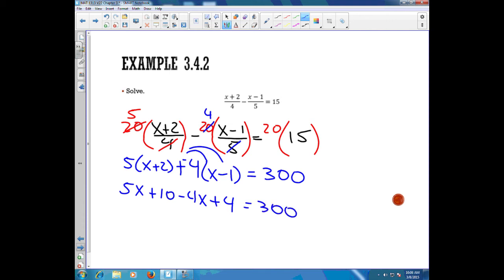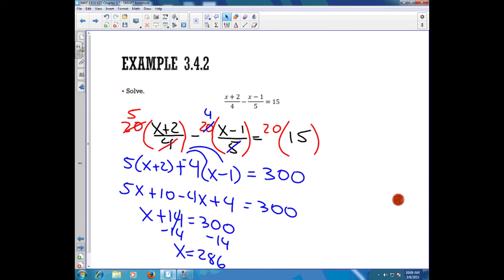When we add our like terms, 5x minus 4x is just x. 10 plus 4 is 14, equals 300. And then we just subtract 14 from both sides, and we get x equals 286. We would then just plug that back in to check and make sure it didn't give us 0 in any denominator. And since there are no x values in the denominator, then there's no way it can give us 0 in the denominator.